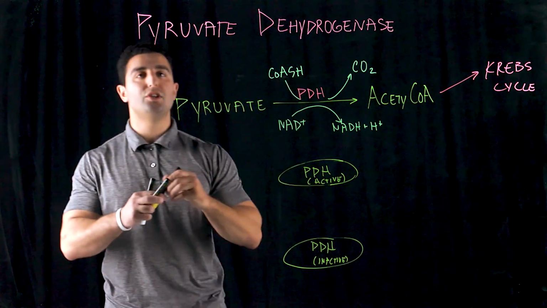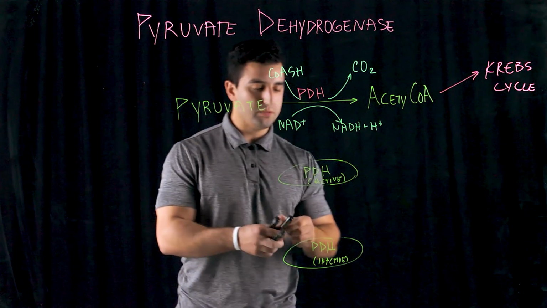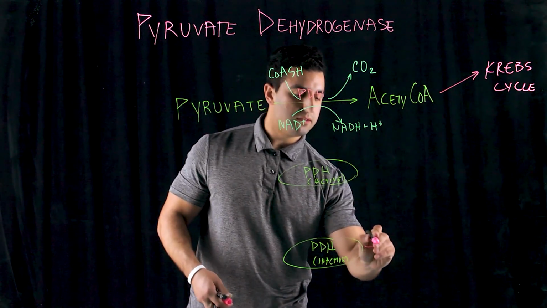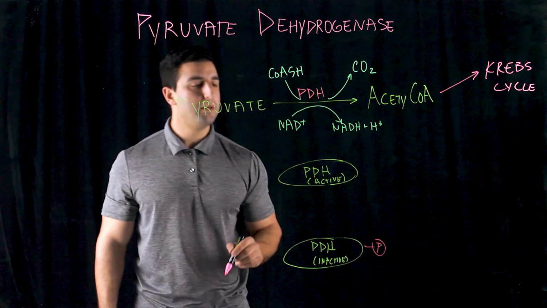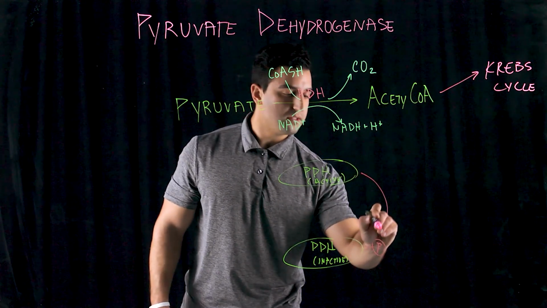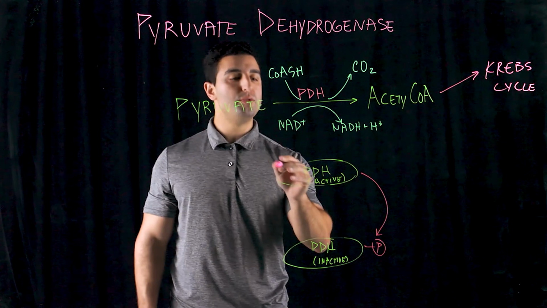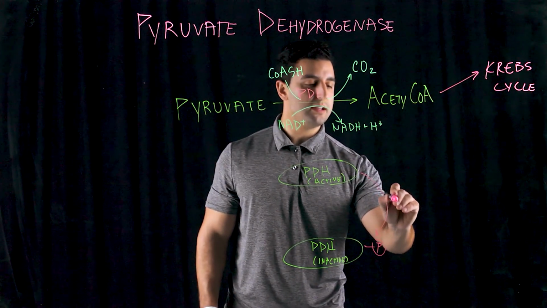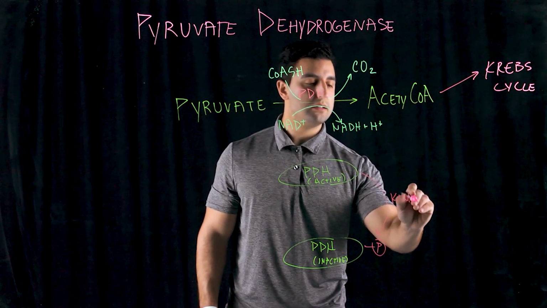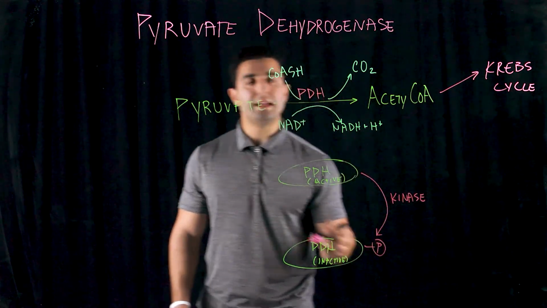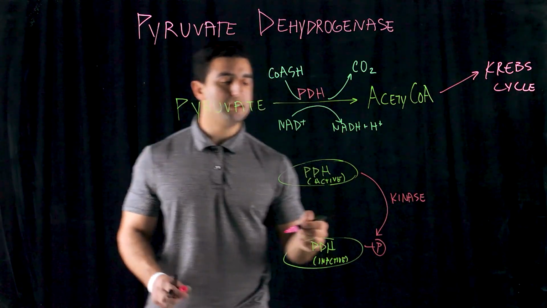So when we look at the regulation of the pyruvate dehydrogenase, it is when you have this phosphate group added to it. What causes this phosphorylation? This is a kinase, which regulates the phosphorylation, requiring an ATP molecule for it to take place.